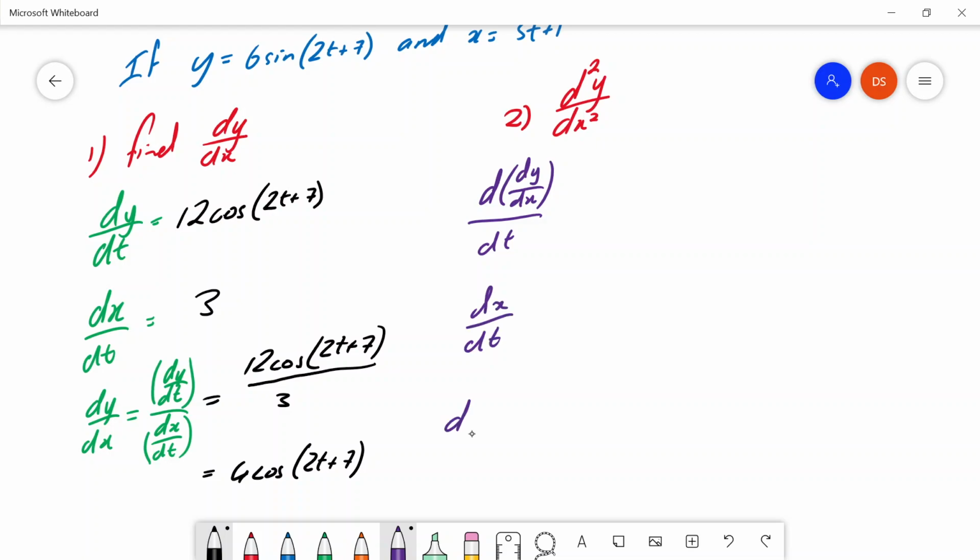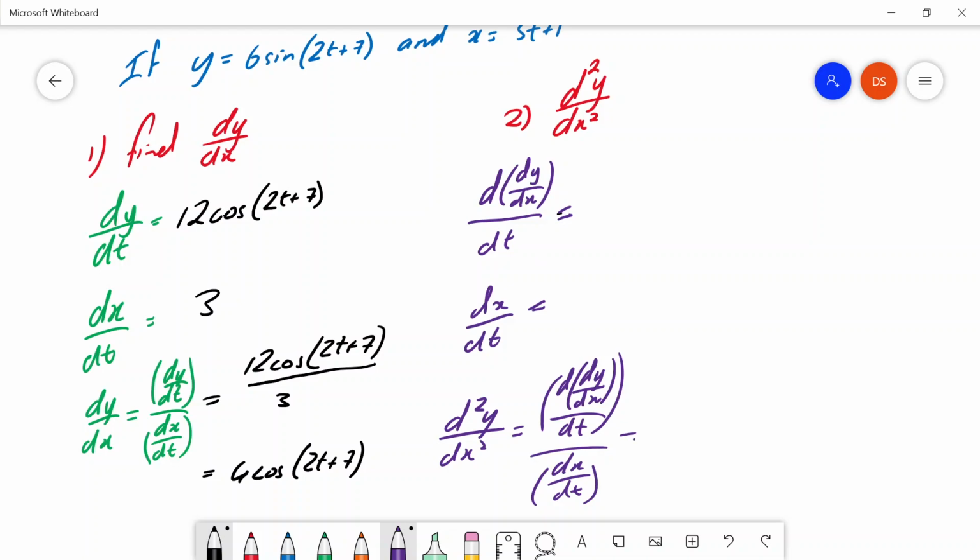Then ultimately d squared y over dx squared, which to me I like to write as dy by dx, dy by dx by dt all over dx by dt. And if you can sort of see, there's a parallel between what I've done for dy by dx and what I've done here. I'm going to differentiate with respect to t, the derivative.